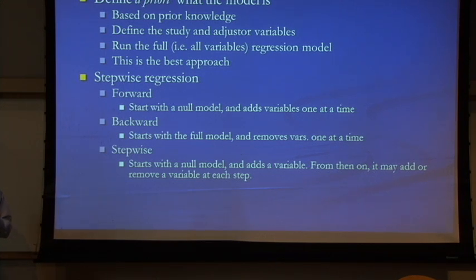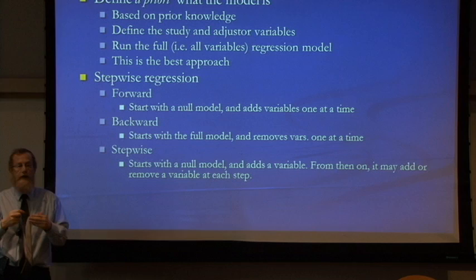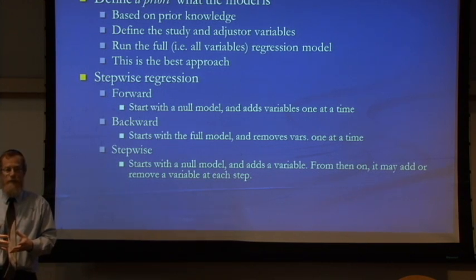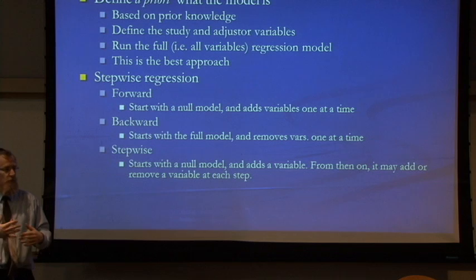And it'll say, okay, we'll add in that variable. Then we'll run the model again, and we'll check every possible other variable, see which one would add the most by adding it to the model, and do that one. And then you have rules for when to include variables or when to get rid of them. So there are stopping rules.